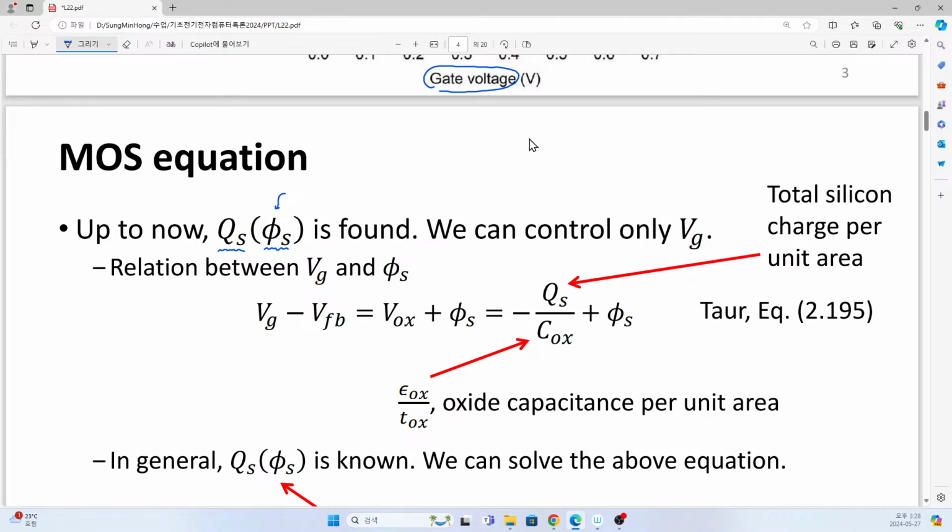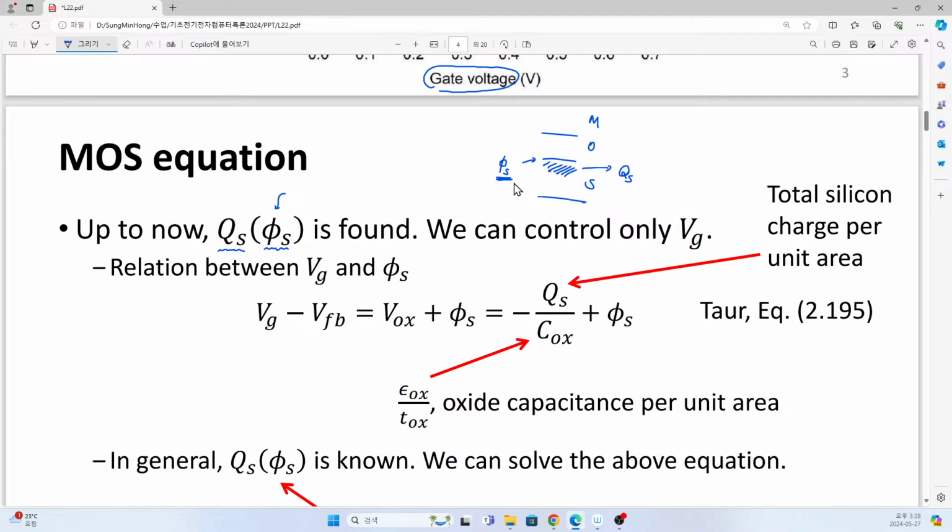However, now think about this one. When we have a MOS structure, if we have a certain surface potential, then we can understand the amount of charge collected at the surface. Great. But can we change this surface potential directly?